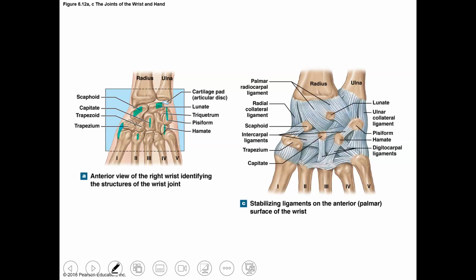That is an impingement of the median nerve at the carpal tunnel. These are the carpal bones, and we'll look at these. We see the scaphoid, lunate, triquetrum, pisiform, trapezoid, trapezium near the thumb, and capitate and hamate.